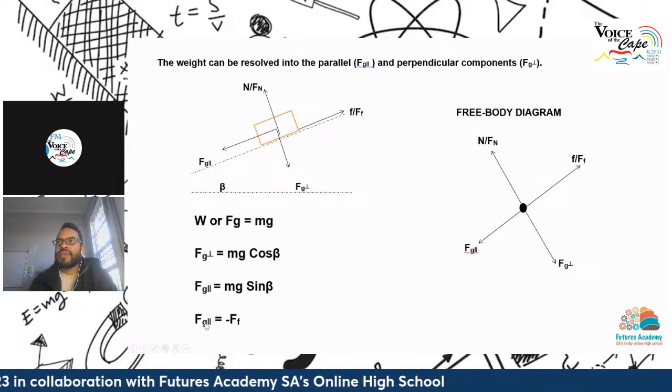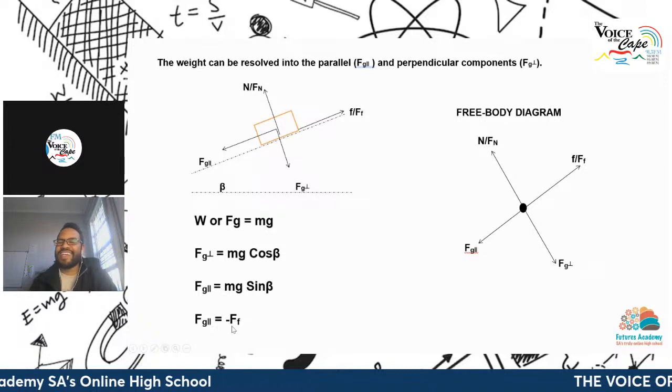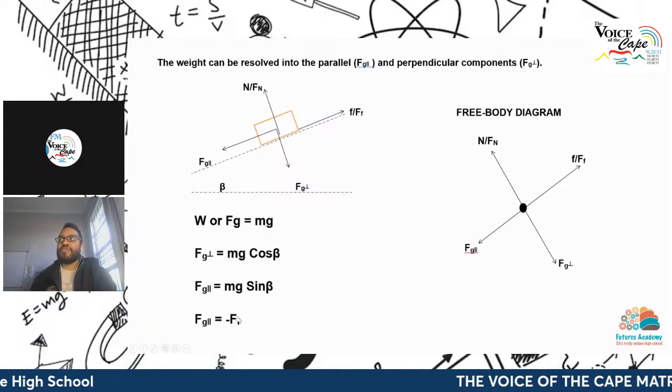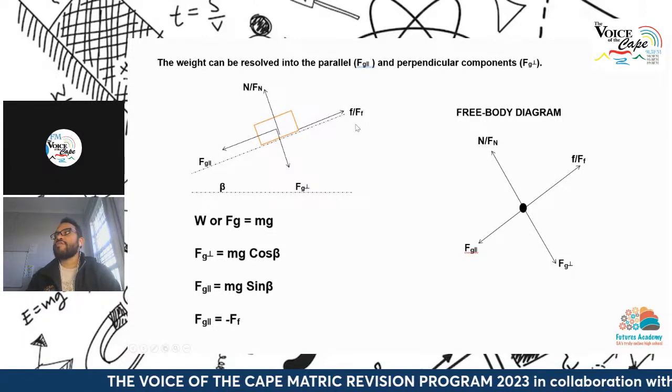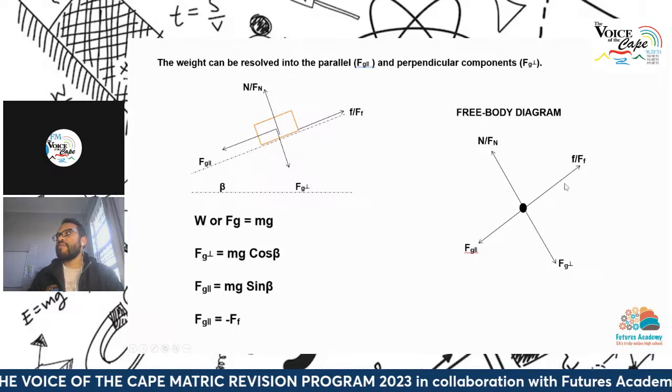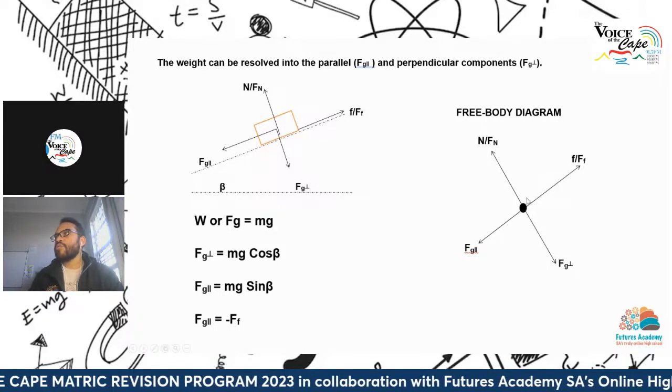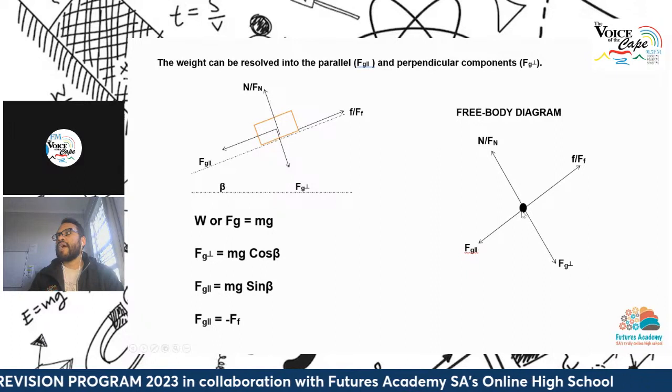And also, Fg parallel is equal to negative, the opposite direction of the frictional force. So if the object is not moving, we know that Fg parallel is equal in magnitude to the frictional force. And there's a free body diagram: friction, gravity, normal force, and Fg parallel.